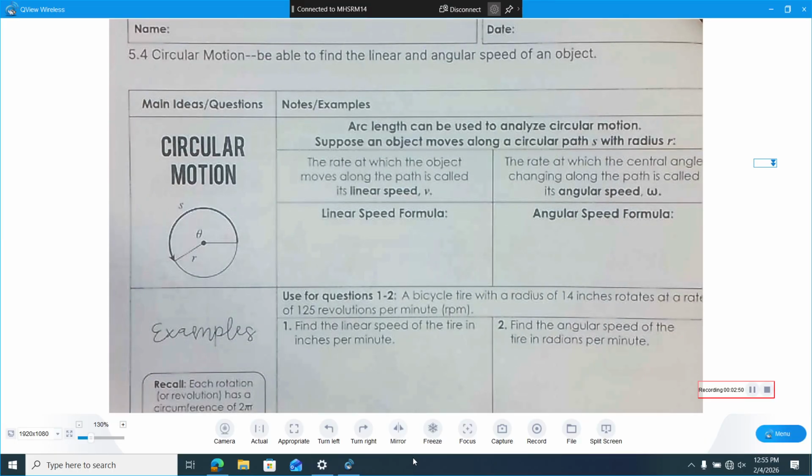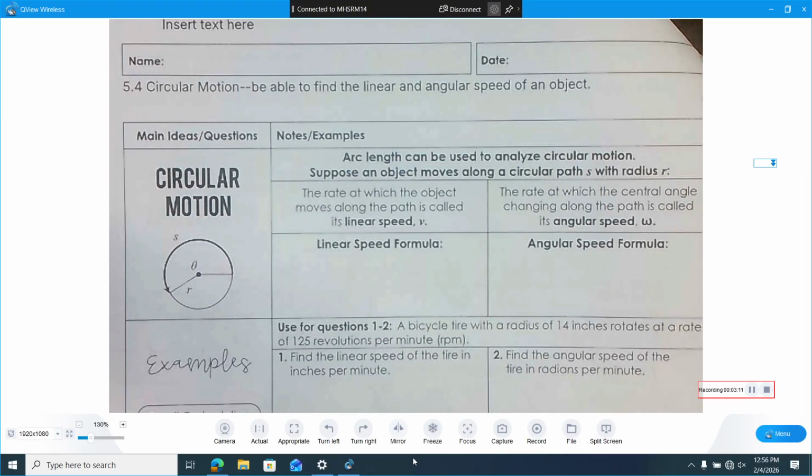His speed is faster because he's going further in the same amount of time. This is the difference between angular speed, where the angle is the same for them, versus the line that they're running. That straight line motion is much faster. So they have the same angular speed, but a different linear speed.